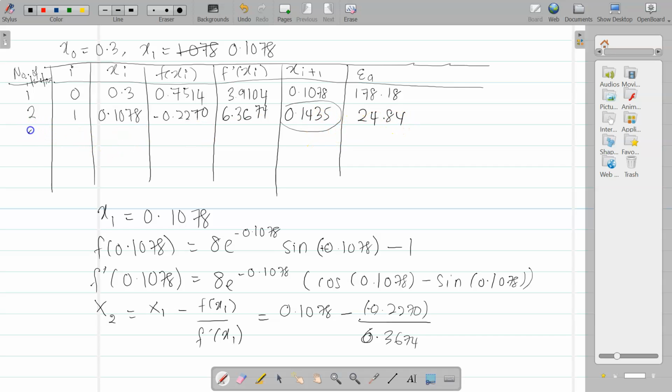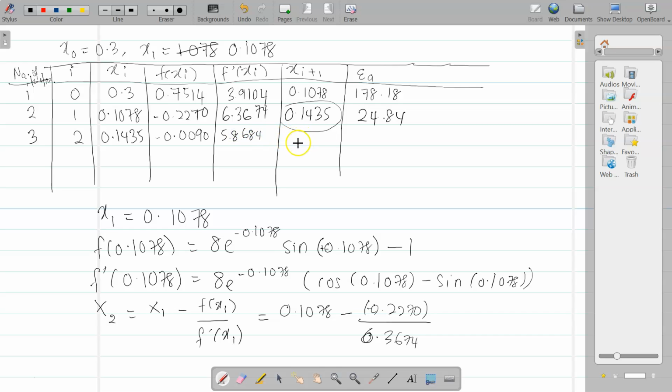Then class, we do the third iteration, which is here I equal to 2. For this one, the previous solution will be the initial value for the next iteration, that is 0.1535 here. You compute its f and also the derivative at this value, and we get negative 0.090 and 5.8684.